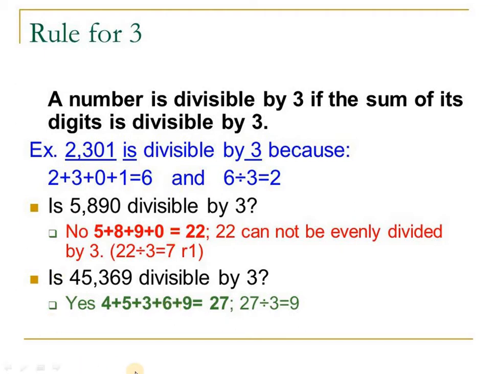In this way, we have got 27 after adding all these digits. So 27 divided by 3 will give you 9. Yes, now we can say that 45,369 is divisible by 3.